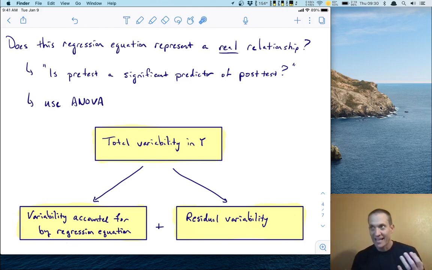That is, it's accounted for by this prediction relationship. And then what's left over, we call the residual variability. Once we find those two variabilities, we do the same thing we would usually do in ANOVA. We compute the F ratio, and then we use that to index whether these differences are substantial or whether they're just due to sampling error.